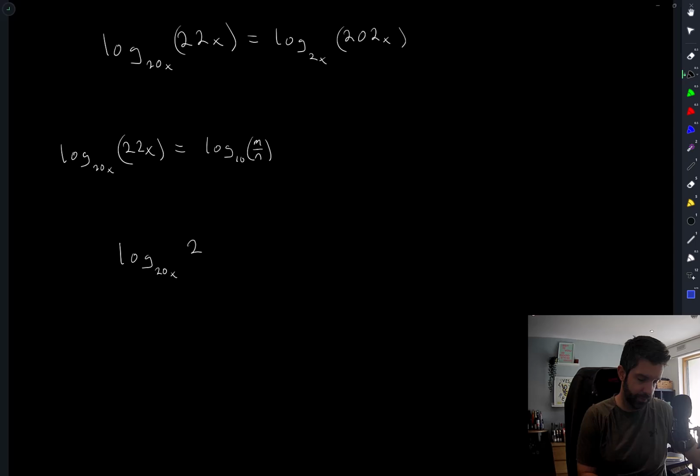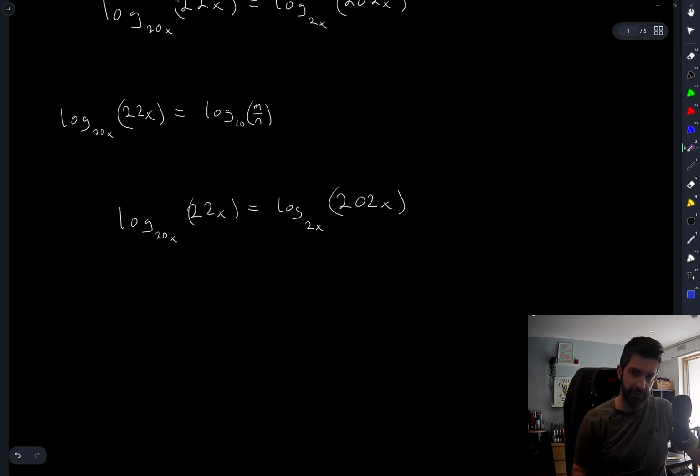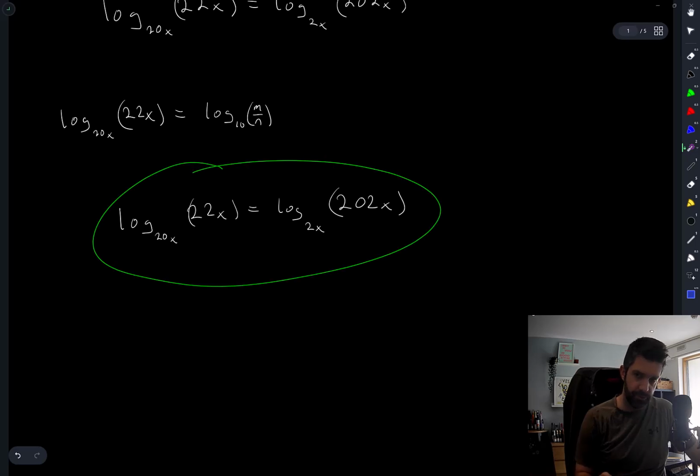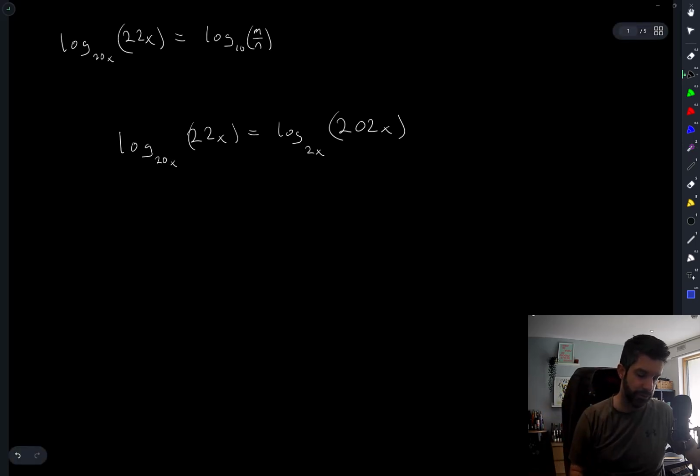Log base 20x of 22x is equal to log base 2x of 202x. It says there's a positive real number not equal to 1/20 or 1/2. Does that mean if x is equal to 1/2, that is a solution to this? I imagine the two numbers that I gave are already solutions, and that there is another positive solution.